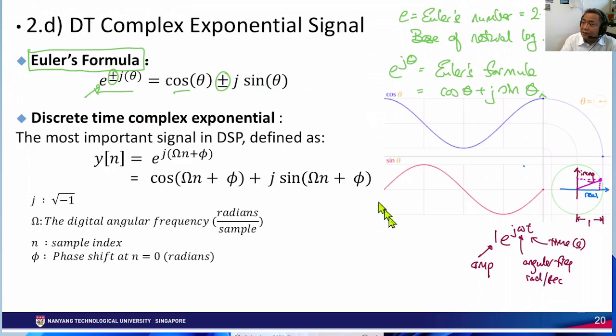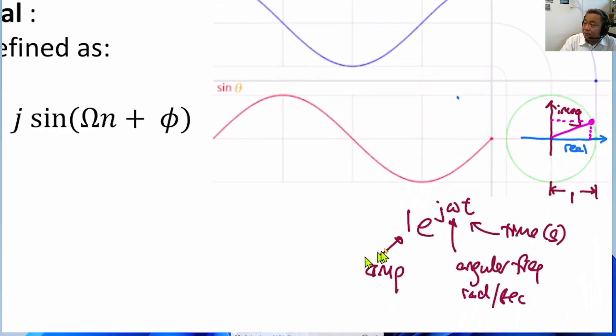Now, let's see a continuous time version first. Let us have x(t) equal to 1 times e^{jωt}. It has an amplitude 1 and e^{jωt}.